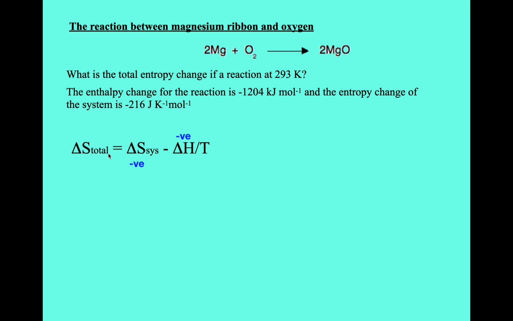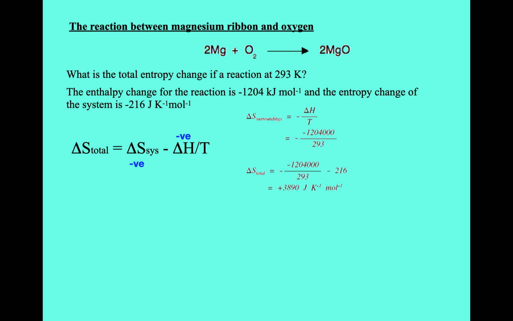So delta S total must be positive. And for that to be the case, well, we've got an exothermic process, haven't we? So this becomes positive. And at temperatures that are quite low, because we want this term to dominate, then this reaction will be spontaneous.